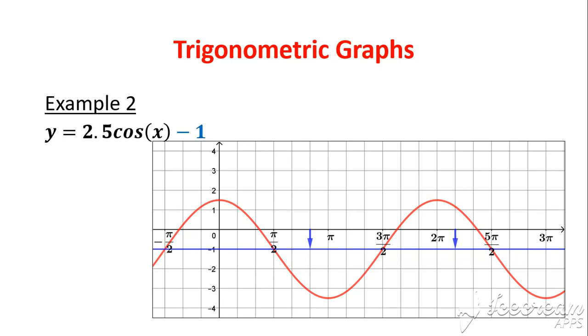And that's what the negative 1 here, subtract 1, means. The whole graph has come down 1 on the y-axis. Now, be mindful that this graph has got an amplitude of 2.5 squares, and the whole graph has dropped down 1 on the y-axis.